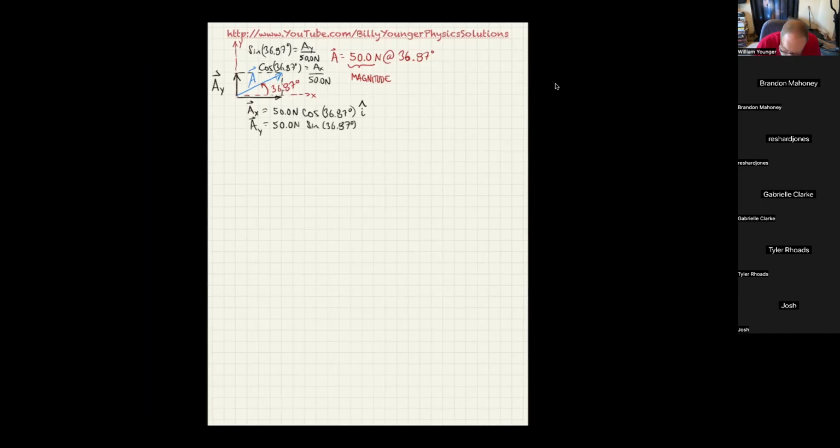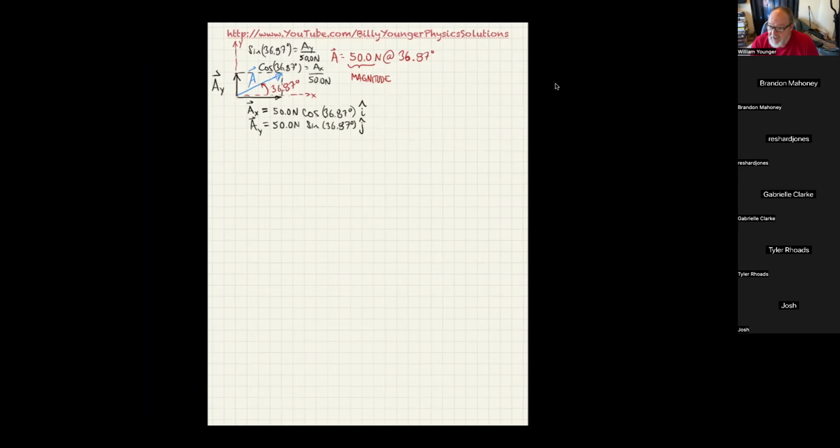And again, there happens to be a unit vector that points in the y direction. That unit vector is called j hat. So that's complete. I've written the entire vector as a vector now, and it's unambiguous that it's a vector.